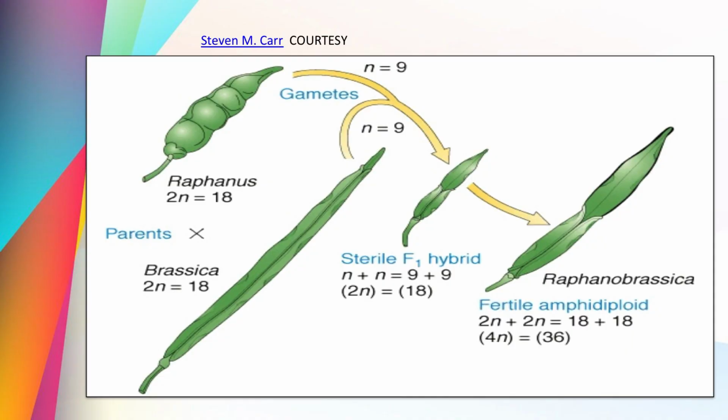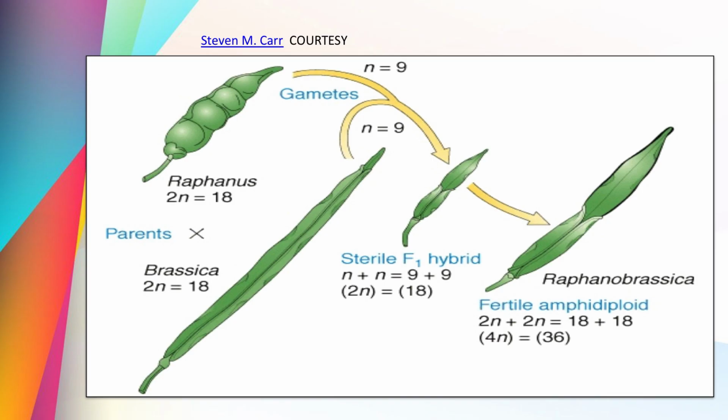Let us see Raphanus and Brassica, Raphanus sativus and Brassica campestris. The pollen grains from Raphanus are shed on the stigma of Brassica. Pollination takes place, fertilization takes place, and another variety arises from that, called Raphanobrassica.